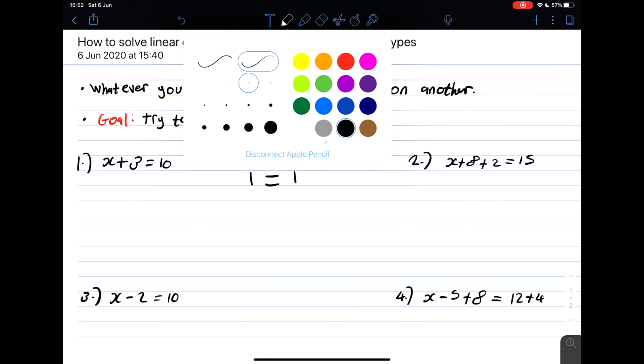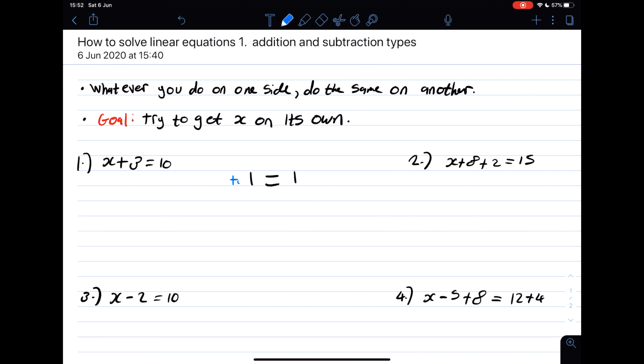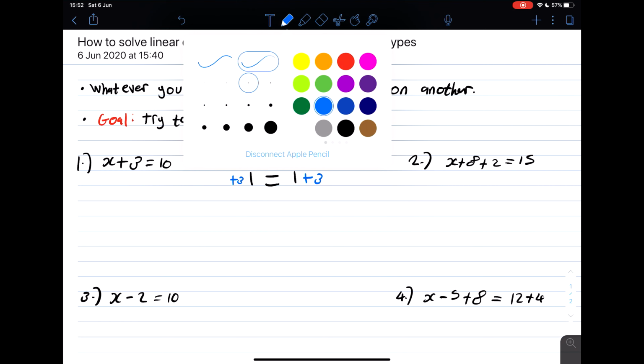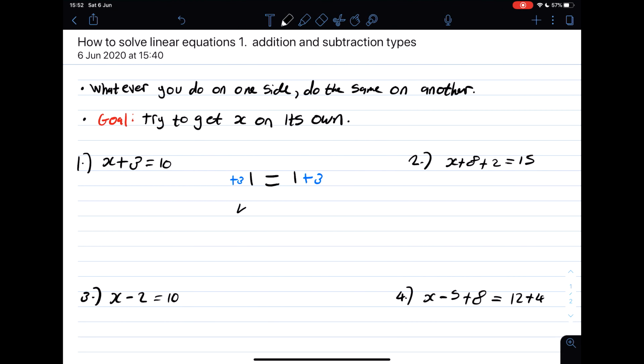Then if you add 3 to this side, you also have to add 3 on that side. And then you end up getting 3 plus 1 is 4 equals 1 plus 3. It's still 4. So whatever you do on one side, you do on the other side.